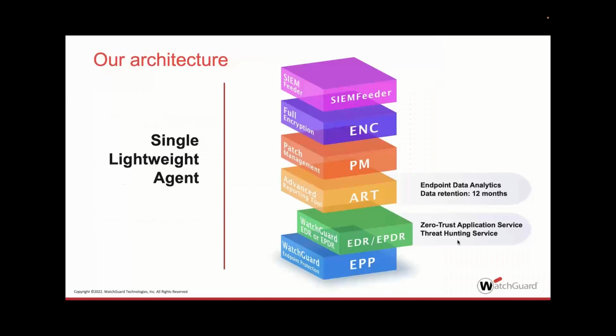So where we add that layer of Zero Trust Application Service and Threat Hunting Service combined, we can extend the agent and the architecture of the solution even further, allowing, as I mentioned, 12 months of a data lake. Even if you do not have a SIEM or a data analytics platform, we can have you doing lookups, creating reports from that 12-month time period for all your managed endpoints and their endpoint activity.